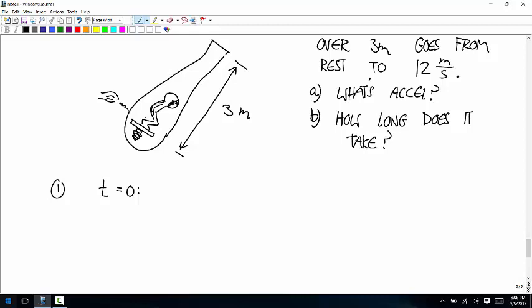What do we know at that instant? We know his velocity is 0. And actually, now that I think about it, we know one more thing. We know it's 3 meters from where it finishes. That's going to give us position information once we make all these choices. So time equals 0 is going to be when the acceleration starts.